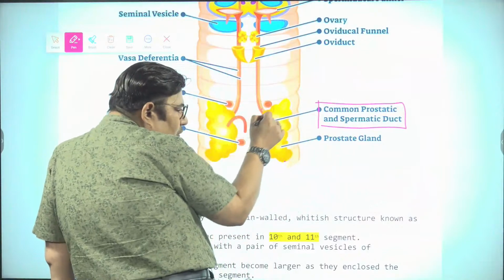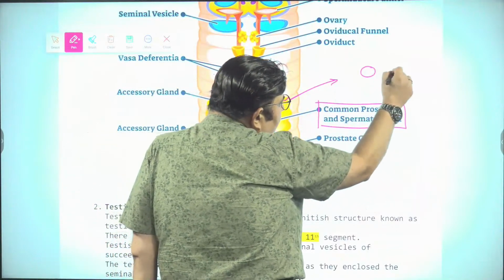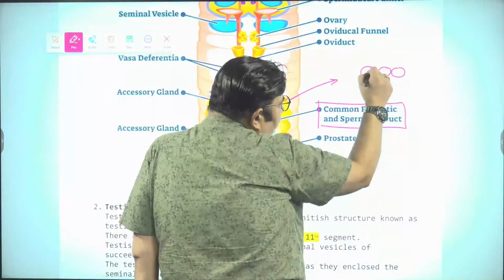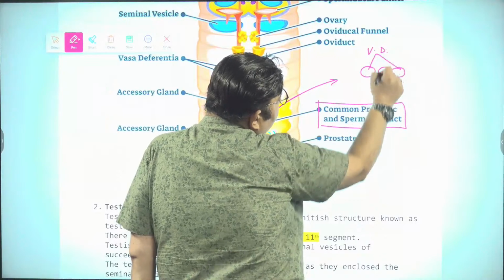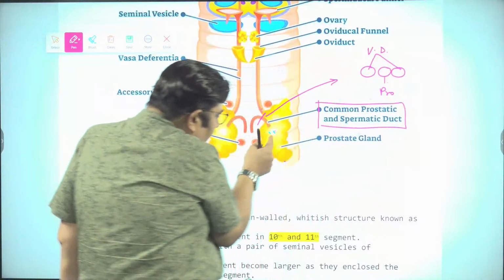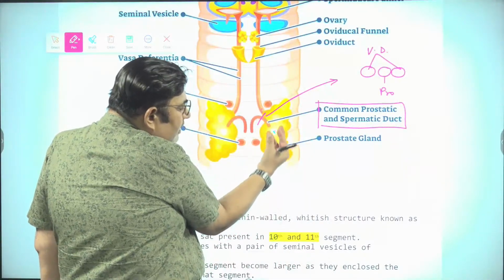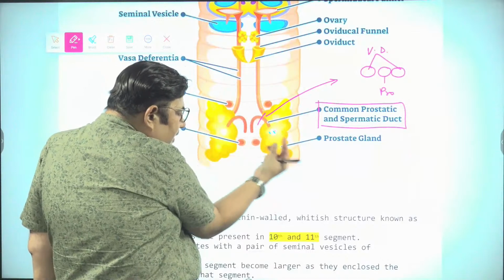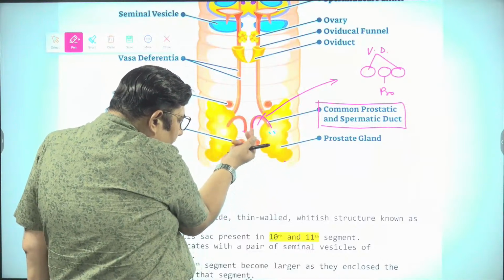Beta, if you take a transverse section here, you will find three tubes inside: these two are vasa deferentia, and this one is a prostatic duct. All three are enclosed in a single sheath, and this single sheath opens into the 18th segment.